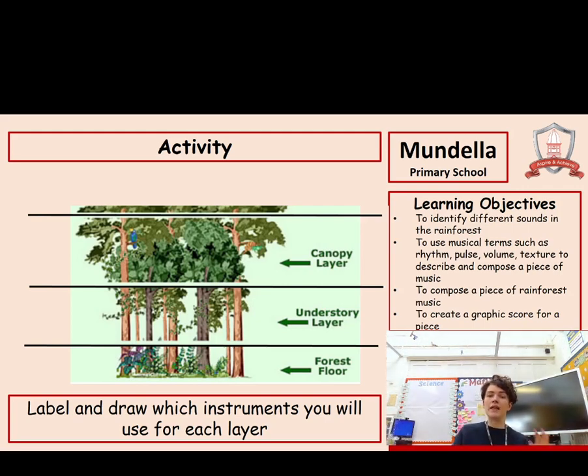So it's got to be clear to you, okay? You've got to be able to understand what you've written for each part. So make sure that it's nice and clear. What instruments do you want to use for each layer? That's all you're going to do for today.